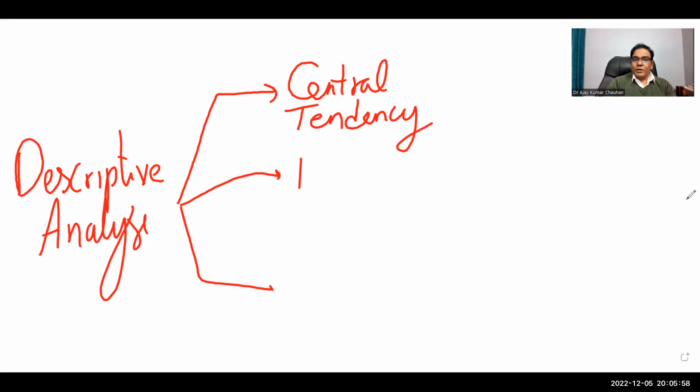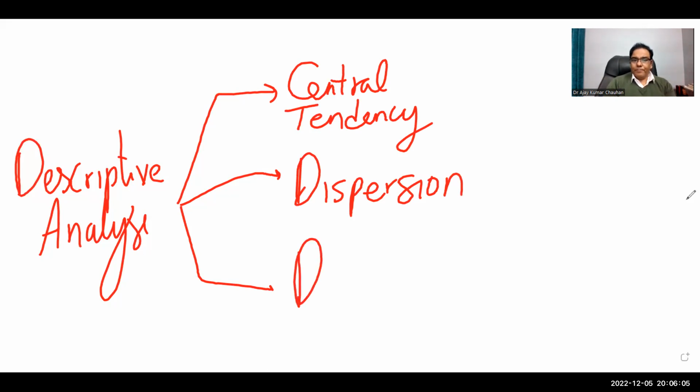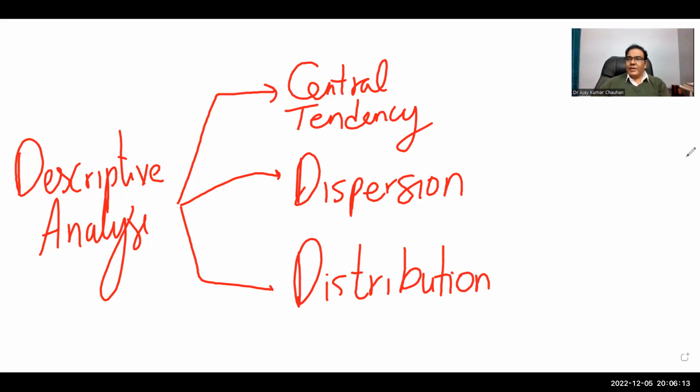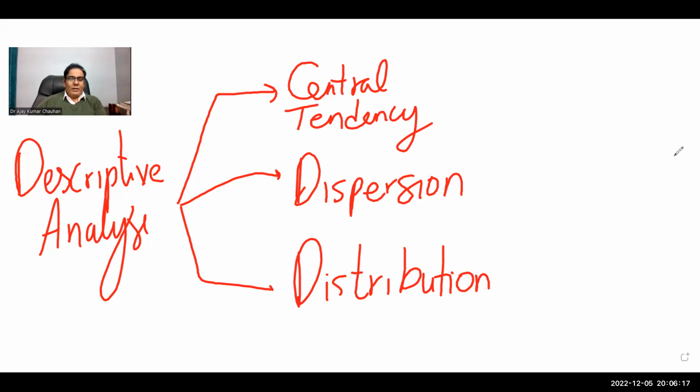Number 2, it is called dispersion. And number 3, this is called distribution. Okay. So these are the 3 aspects of descriptive analysis. And these are known as moments of the variable. Moment. In statistics, we call them moment.